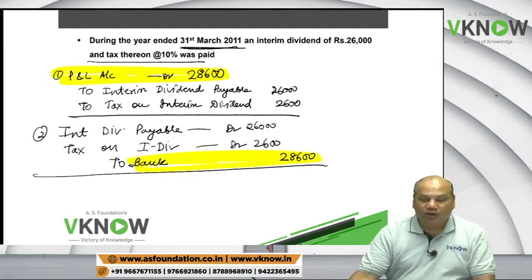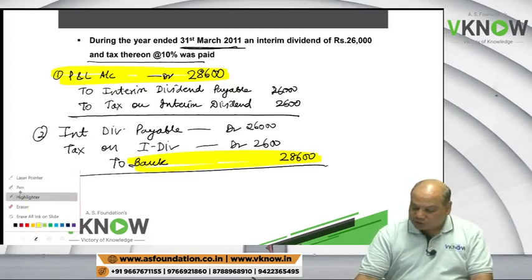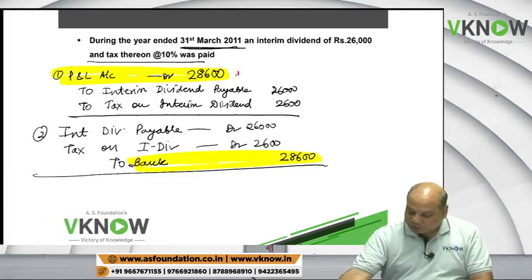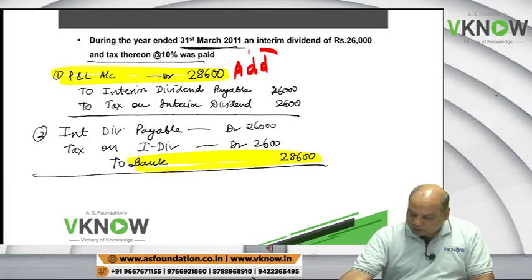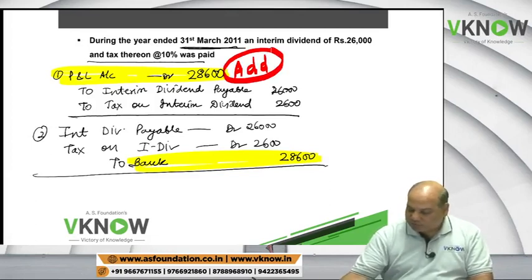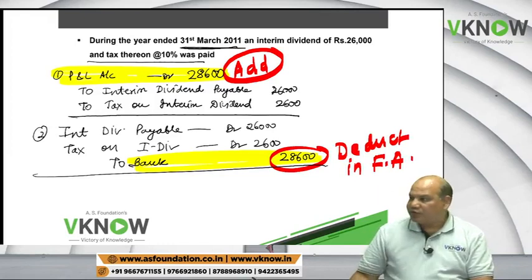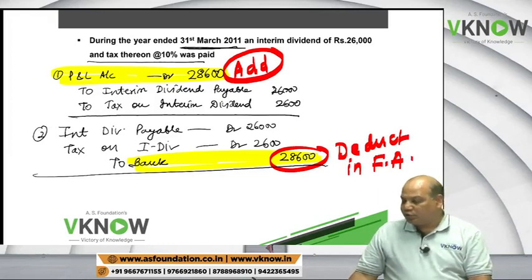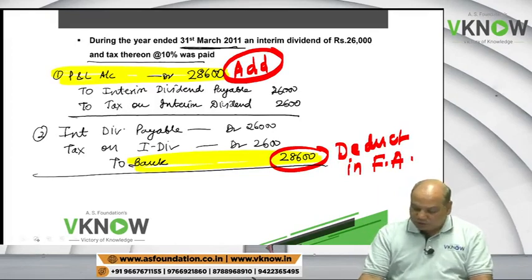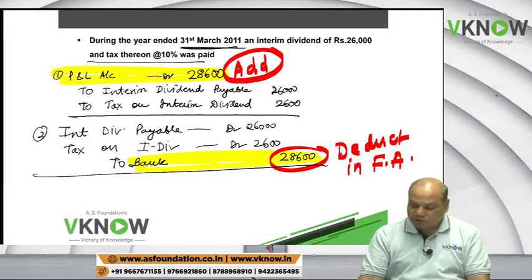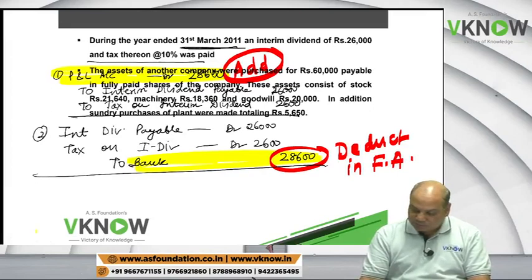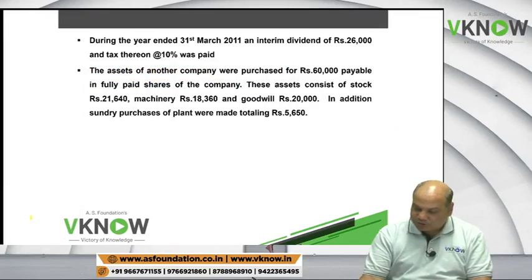Like question number 9, you will add in adjustment and this item you deduct in financing activity. So this is the treatment. Question number 9, we had done the same thing. So this is a repetition of adjustment.